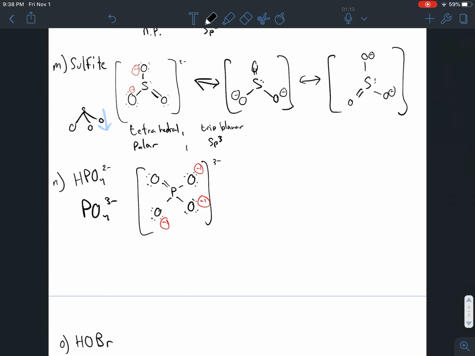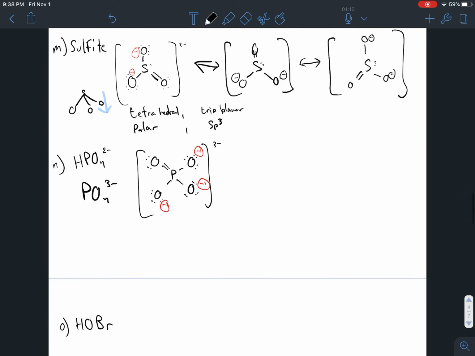And that's more reasonable because there's not a negative and a positive charge. I mean, obviously there's going to be 3 negative charges, because there's the 3 negative charge.